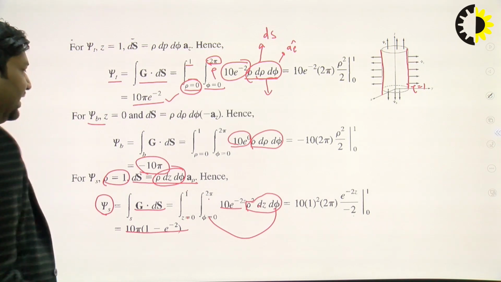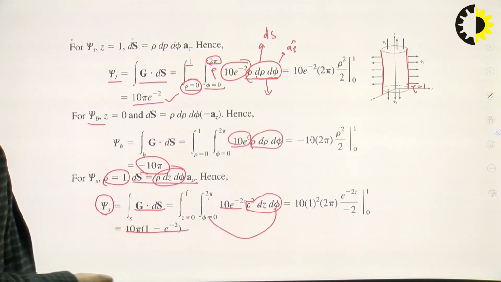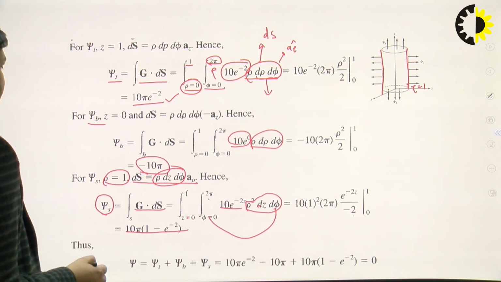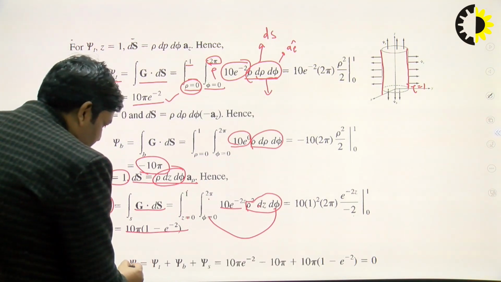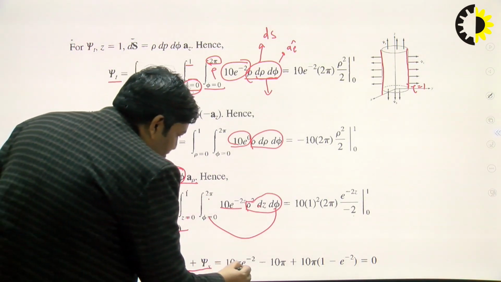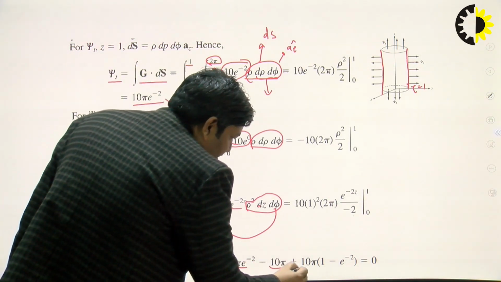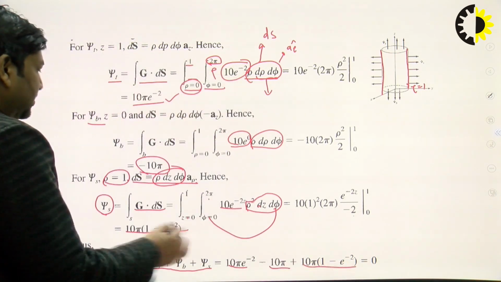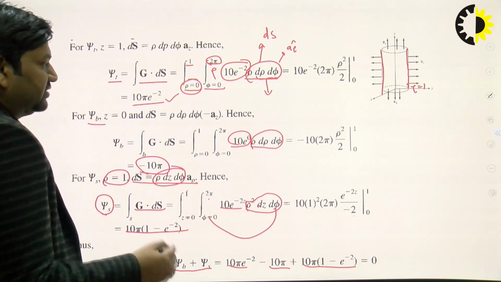If we add the side flux, bottom flux and top flux, we get the total outward flux, which is top plus bottom plus side. So we can say that if we add them, the total outward flux is 0.